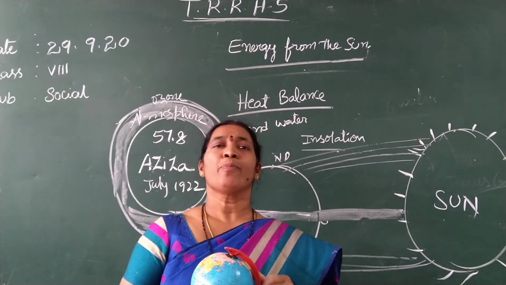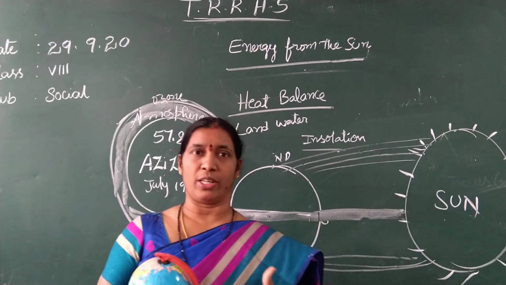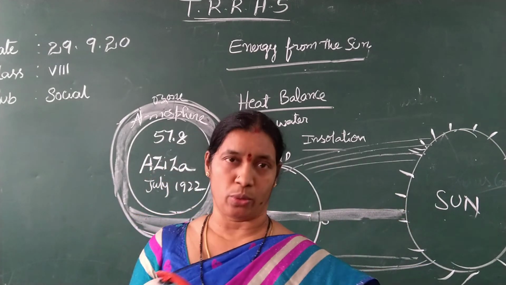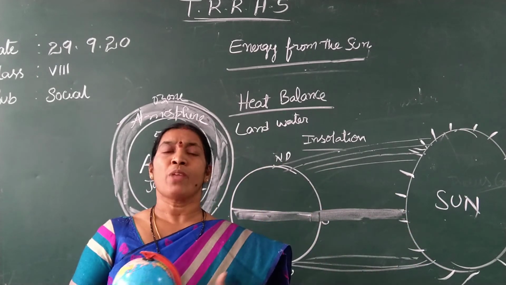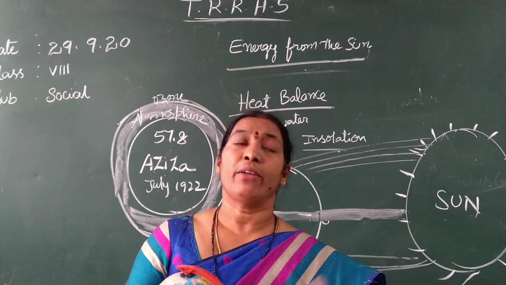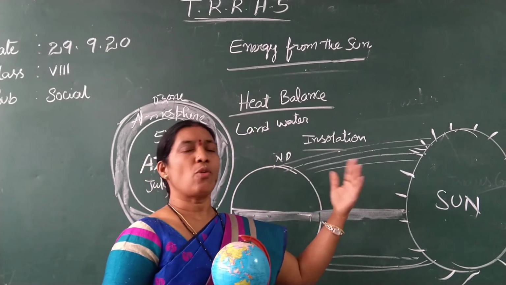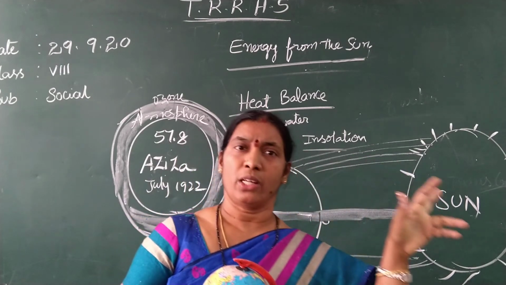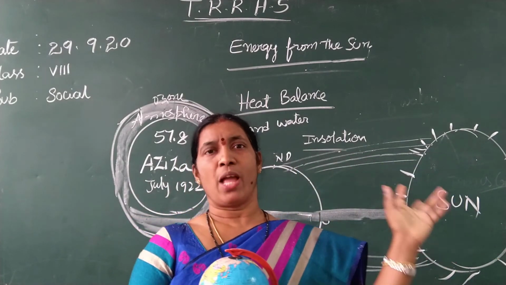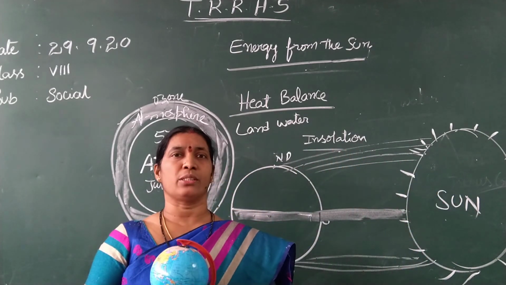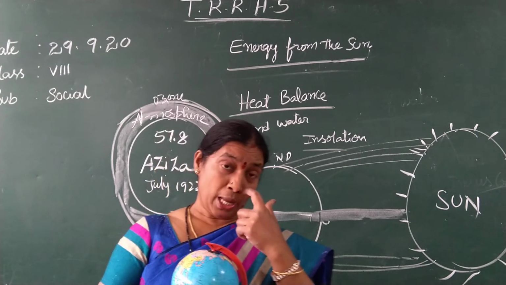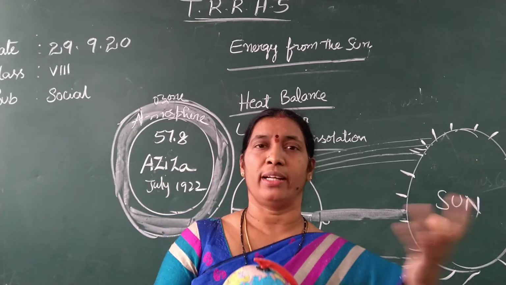Because of that, take some areas in India, for example Visakhapatnam and Hyderabad. Hyderabad is an interior place and Visakhapatnam is near the sea, so the temperatures will be different. Similarly, take Goa and Delhi.